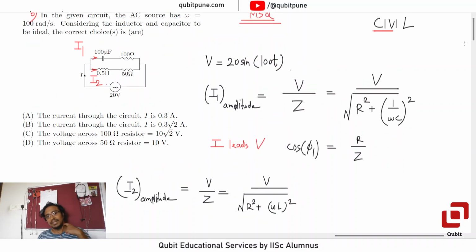Now for the second circuit, will it lead or lag? It will lag, because now we have to consider the VIL part. Voltage comes first, so voltage leads current.